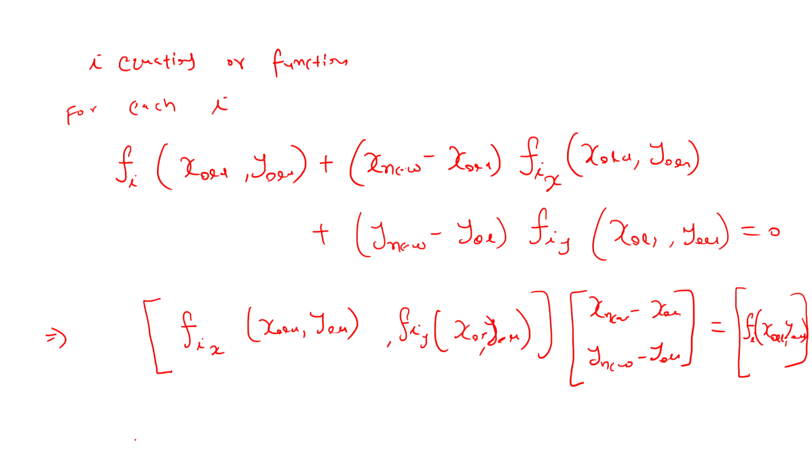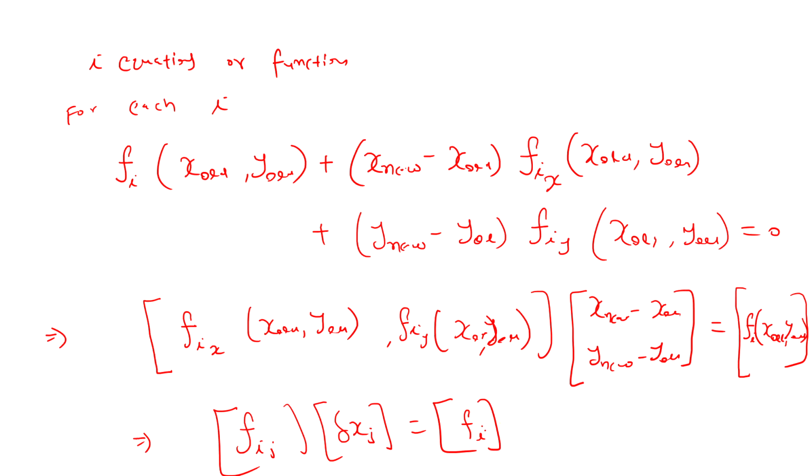So this is what I call Fij multiplied by delta xj is equal to Fi.